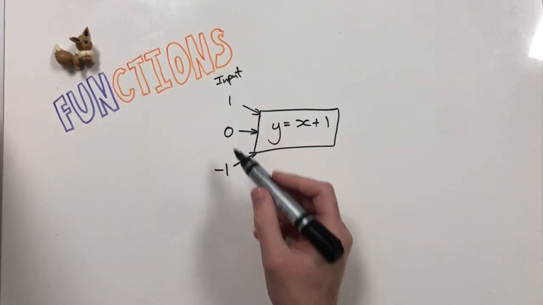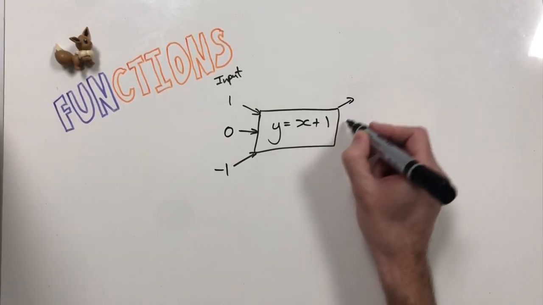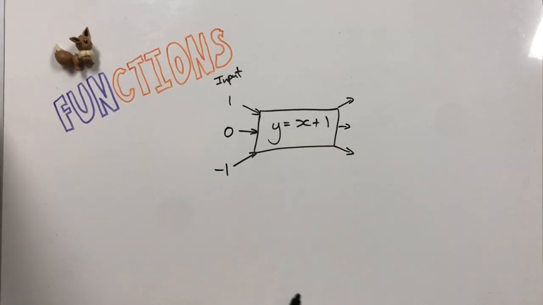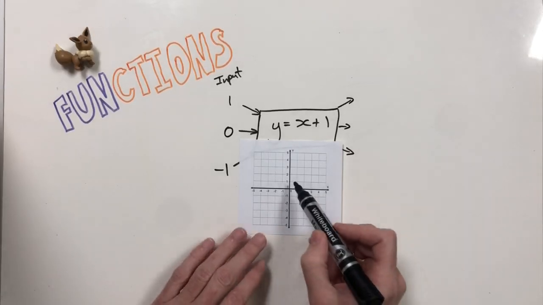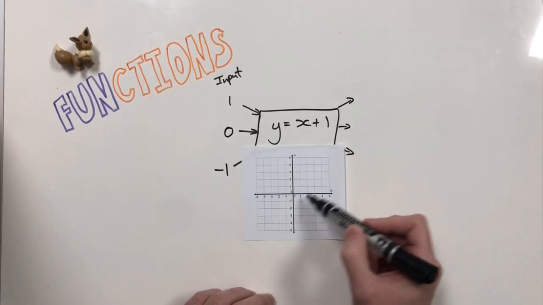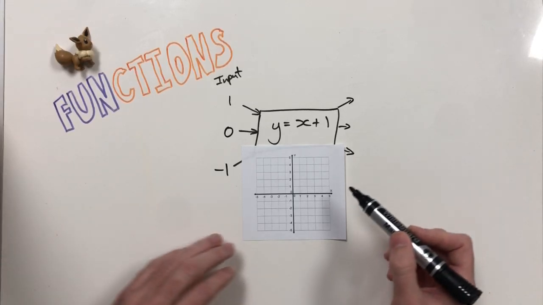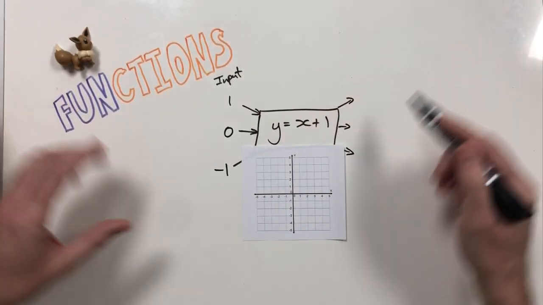If you wanted to use 10, 100, and 1,000, that would work, and you'll get output values, but once you want to draw the graph, if I had a small graph paper like this and used very big input values, then if I were to plot these points, they would be very far away from the center.